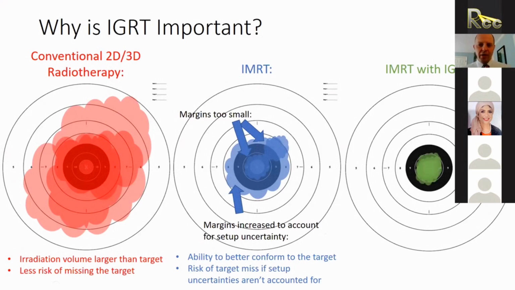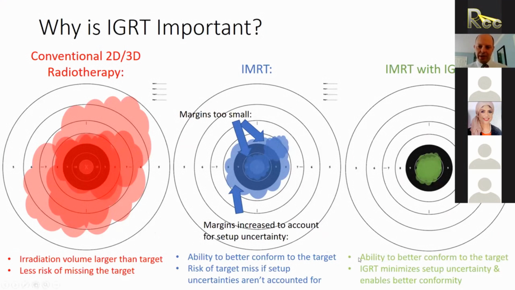Now, we still have to account for it. We still have to have a good idea about what that uncertainty is based on the patient, the immobilization, and all the technologies and image guidance that we're using. We need to have a fair idea about what types of uncertainties we have and make sure we're managing them well. But ideally, when we do that, we can shrink the margins down and really fully utilize the ability to conform that IMRT provides.